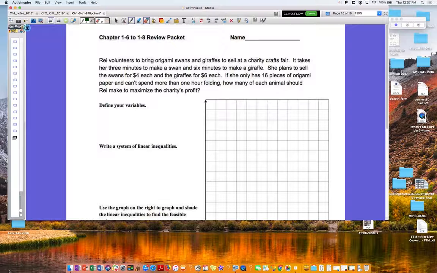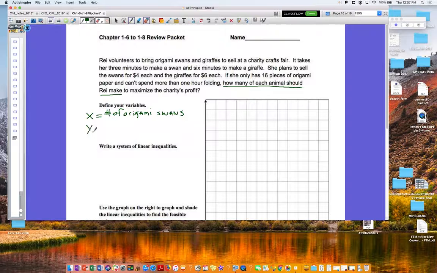All right, so again, we want to define our variables. How many of each animal should Ray make? So I'm going to have X equal the number of origami swans, boy, it's not liking my eyes.